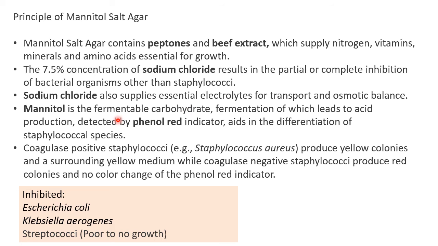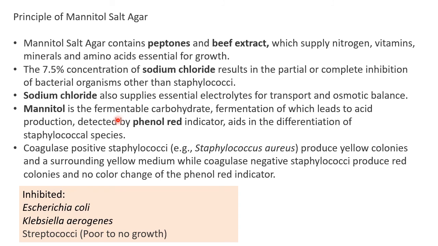Mannitol is the fermentable carbohydrate, and its fermentation leads to acid production, which is detected by the phenol red indicator, and it helps in differentiation of Staphylococcus species. Coagulase positive staphylococci, that is Staphylococcus aureus, produce yellow colonies and a surrounding yellow medium, while coagulase negative staphylococci produce red colonies and no color change of the medium is seen.